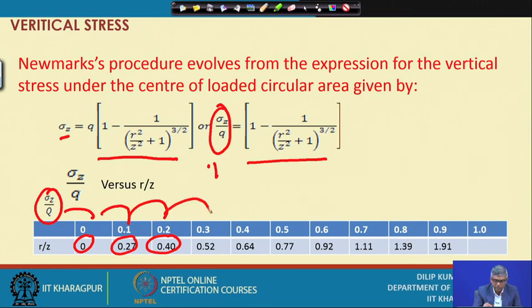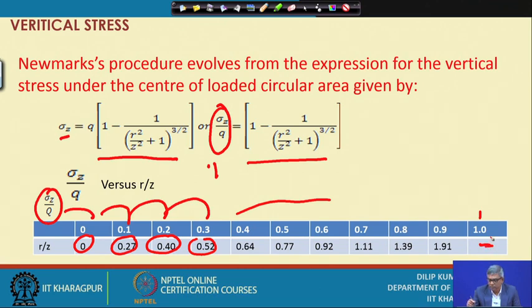Similarly, when sigma z by q is 0.3, that means 30% of the surface load, then R by Z is 0.52, and it goes on like that. When it is 100%, that means the same stress as the load applied at the surface, theoretically R by Z will be infinity.